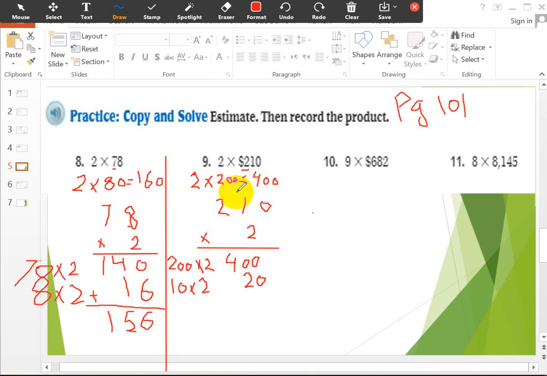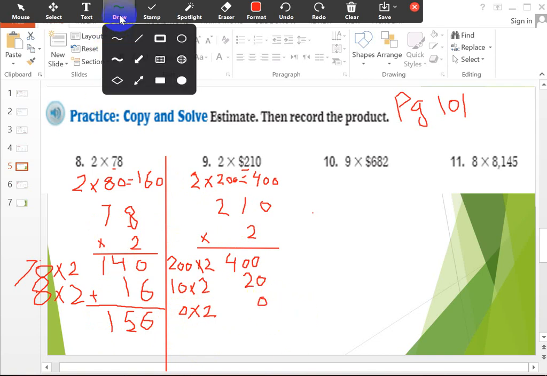So what is the value of this number? The value of this number is 0, right? And I have to multiply it with the 2. So 2 multiply 0 equals what? Equals 0. Thank you.